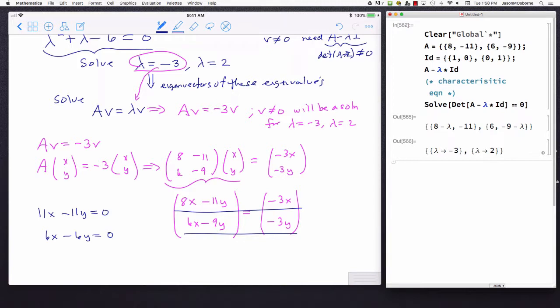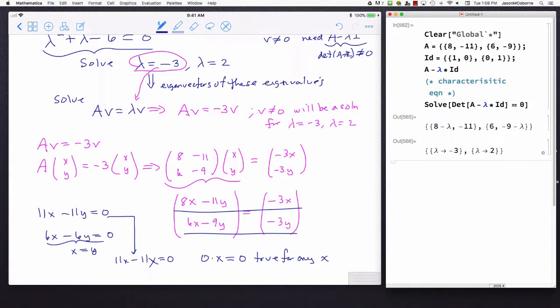Taking this equation here, for example, tells you that x has to equal y. If x is equal to y, then in the top equation 11x minus 11y gives 0 times x equal to 0, which is true for any x.